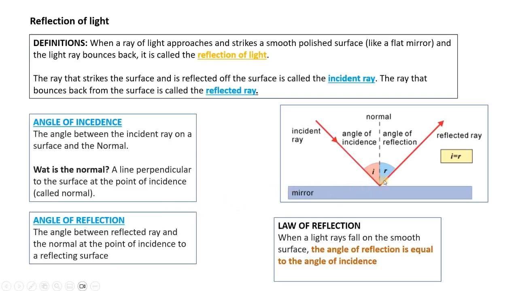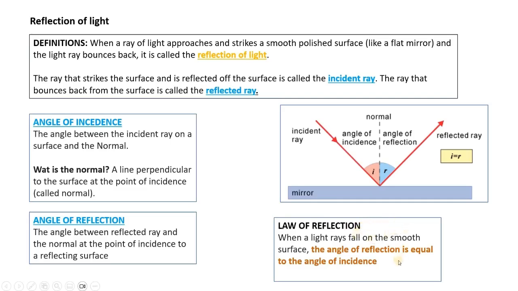The angle of reflection is this blue angle labeled R, and that is the angle between the reflected ray and the normal. Lastly, there is an important law that you need to remember, which we will also use in some of the calculations, and that is the law of reflection of light.